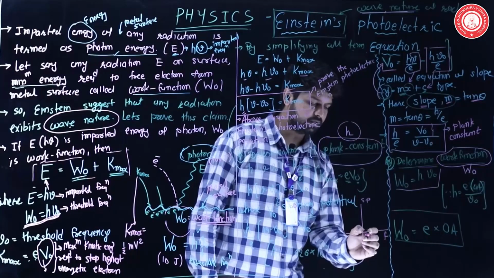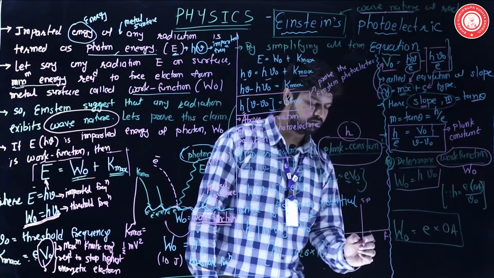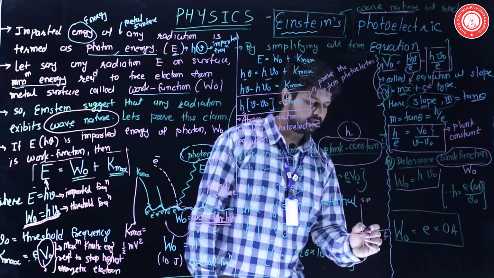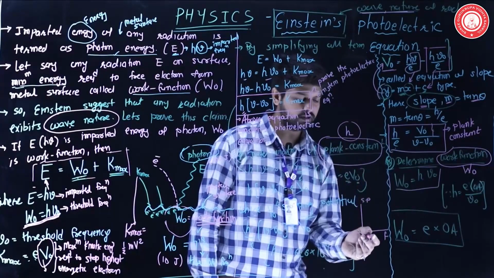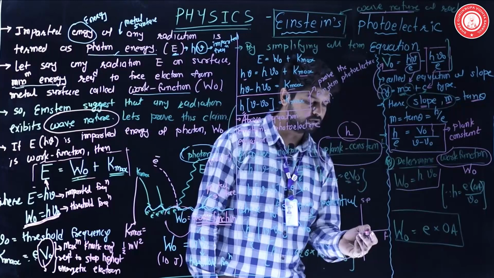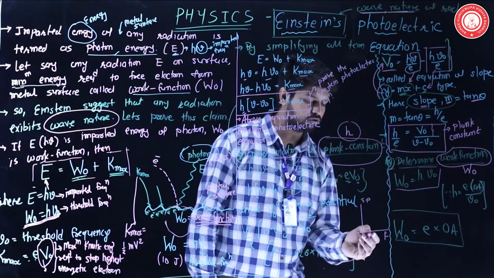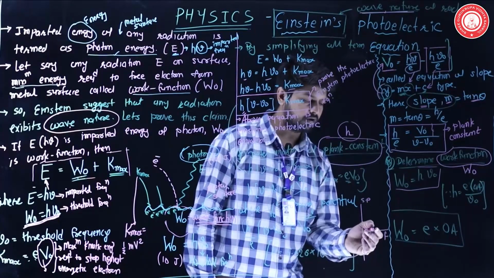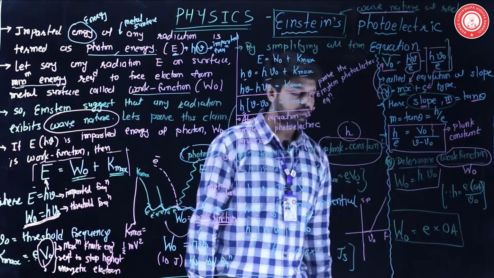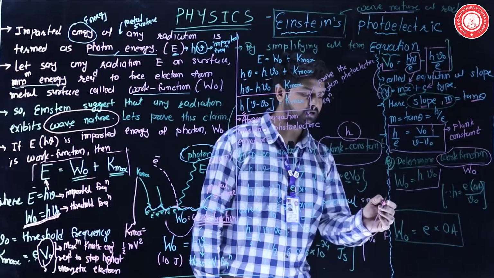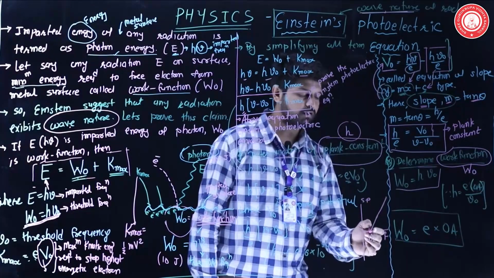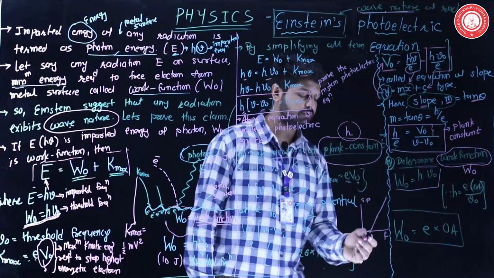If this is my threshold frequency ν0, and when you are imparting the energy of photon over here, this region must not be giving any electron, so this is a blank region. Now electron starts from this point ν0. Electron will be emitted beyond this ν0, which is my threshold frequency.